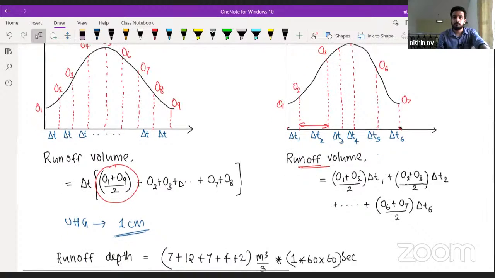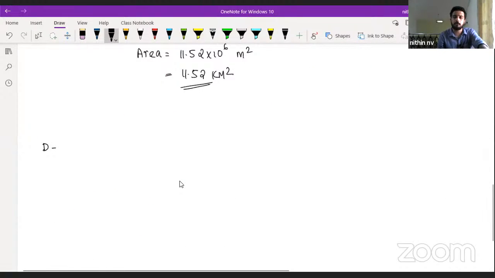Listen always. If you have a particular value d-hour unit hydrograph, and if they are asking us what is the peak or what is the ordinate of a d-hour direct runoff hydrograph, or what is the ordinate of a d-hour flood hydrograph, then what we can do?